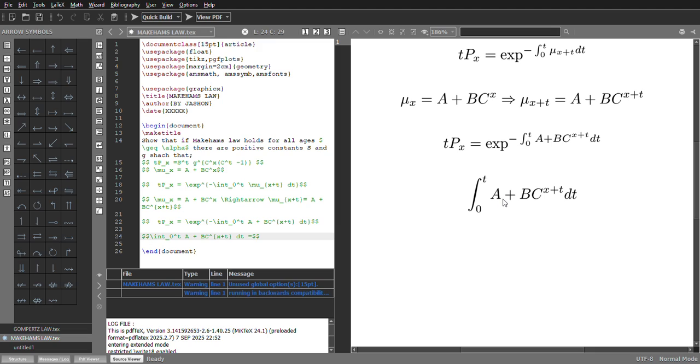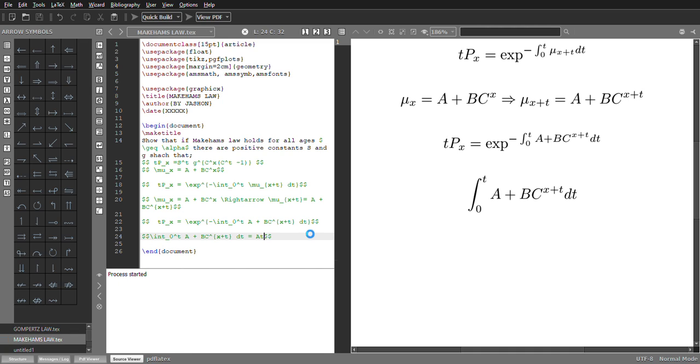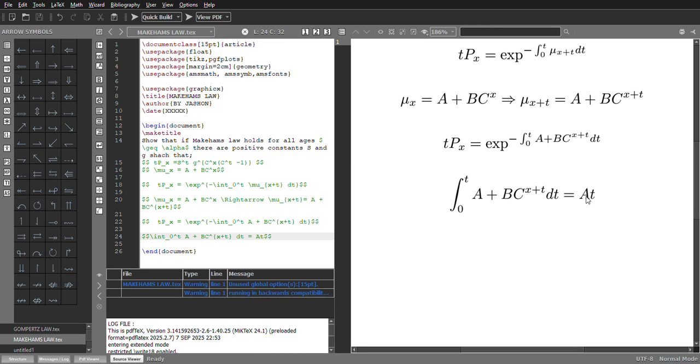So we add 1 to that power of t, and we will have a multiplied by t. That's the first one we have integrated. We've now integrated this constant and gotten that. Then we move to the next one, plus.